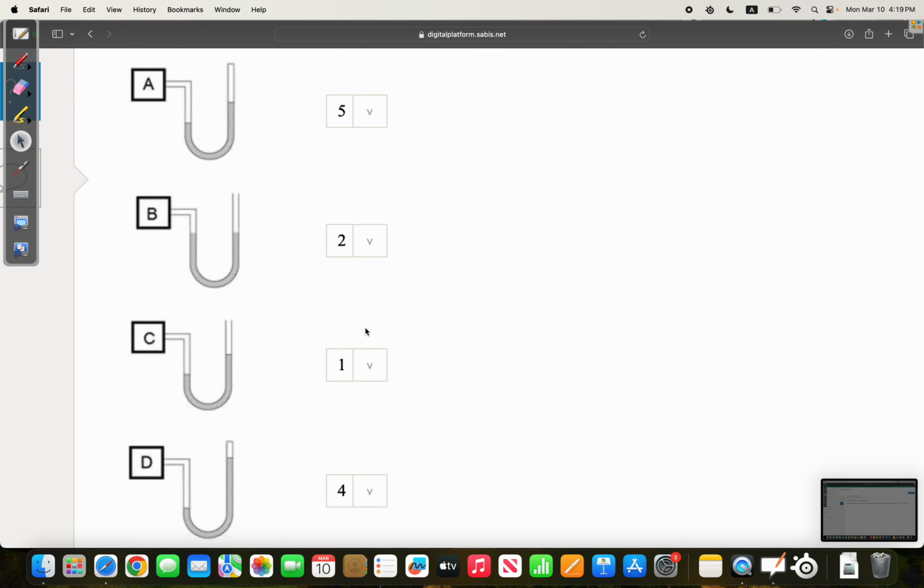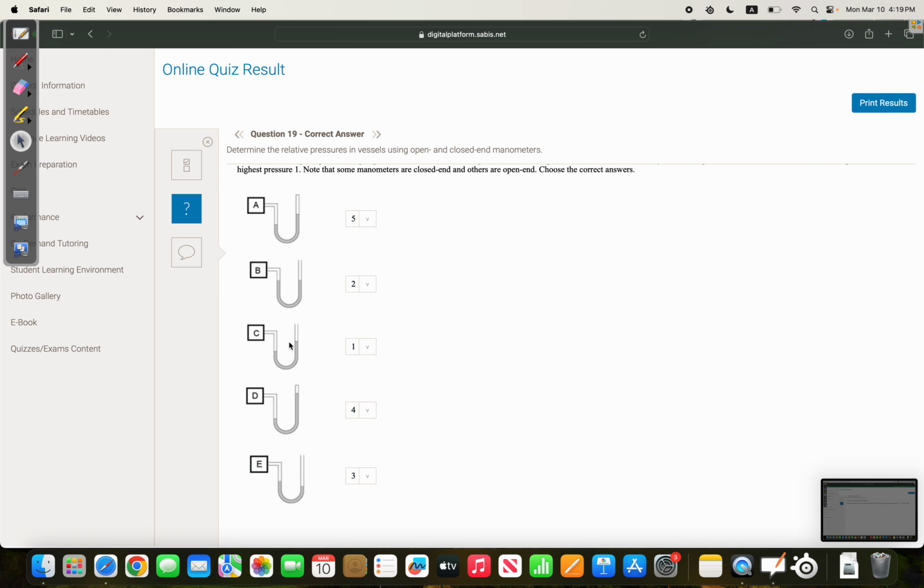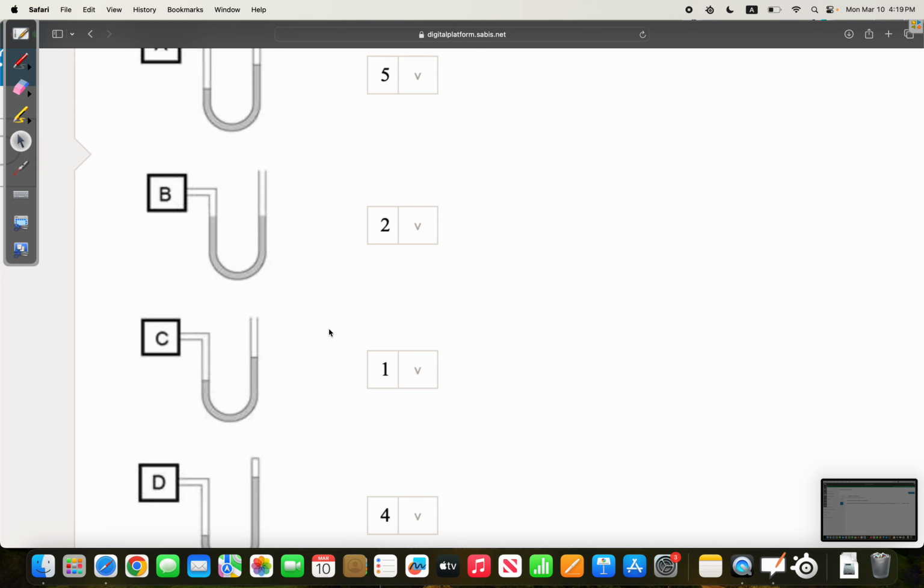So C, B, and E will be the highest. And to figure out which one's the highest between each one, we're gonna have to use the difference between the heights, which in C is the highest. The higher the difference in height between the two sides of the tube, it means that pressure is higher.